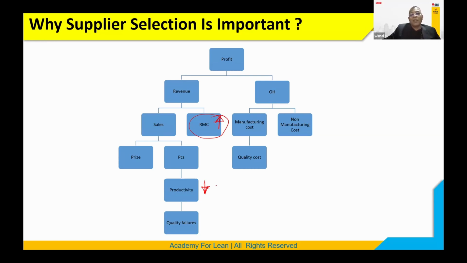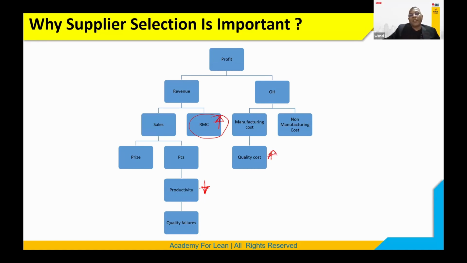Maybe the price difference between the regular one and the new supplier was very little, maybe 5% or 10%, but our productivity loss was more than 10-15%. So this can happen. Then obviously when you have poor quality, your quality cost will go up. There you will also have an impact on your overhead, and finally it will impact the profit.